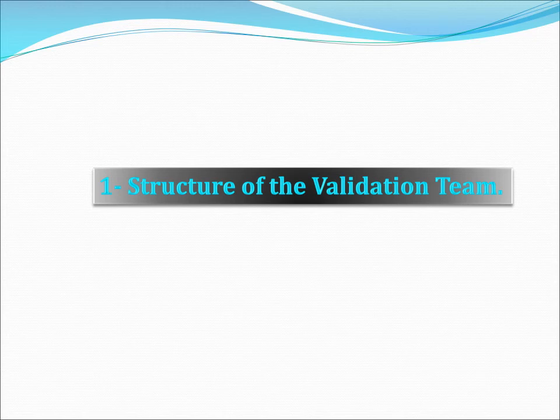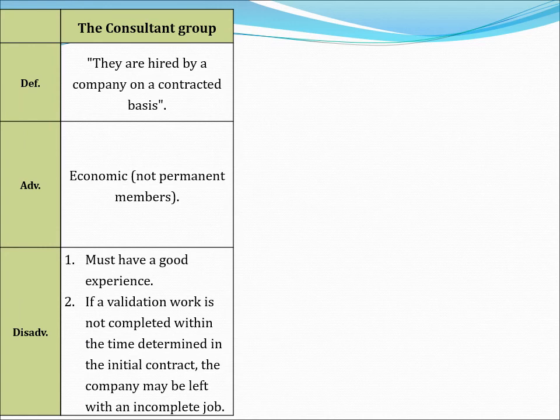So let's start with the first title, which is structure of the validation team. Who is supposed to do the validation work? We have 3 options. The first option is to have a consultant group. The word consultant means you are hiring people from outside the pharmaceutical plant to do the validation job. What is the advantage of that? The advantage is mainly economic.